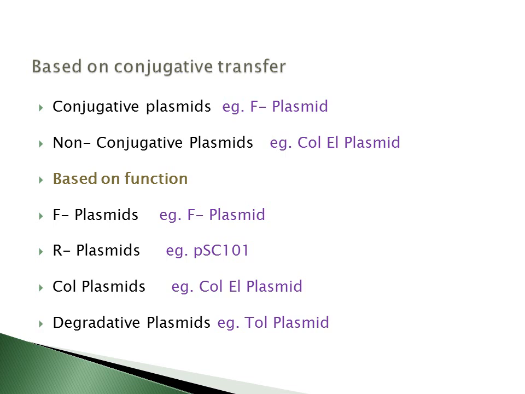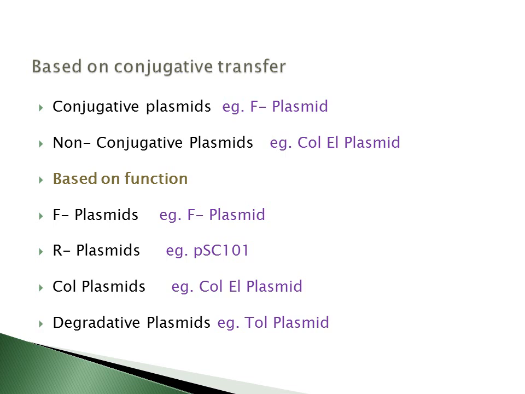Degradative plasmids code for enzymes that degrade toxic substances such as toluene, xylene, salicylic acid, etc. So, F for fertility plasmid, R for resistance plasmid, COL coding for colicin, and degradative for toxic substances such as toluene. These are the four different plasmids classified based on function.